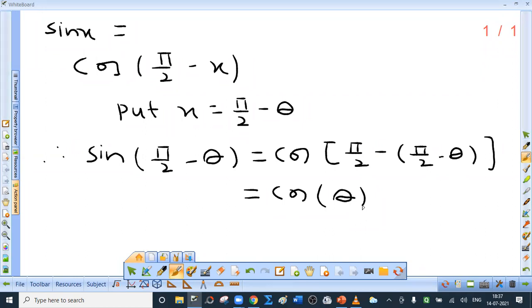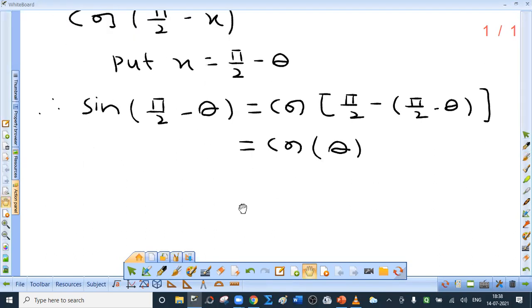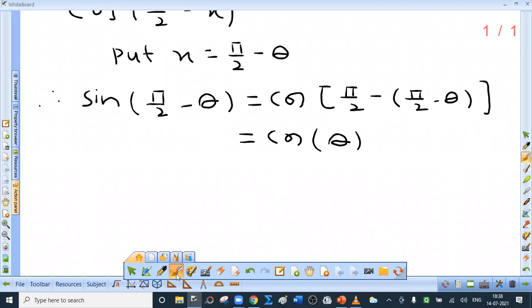Okay. Now, the next result which we are going to prove is sine of pi by 2 plus theta is nothing but cos theta. Now, how to prove that? Just listen to me. So, for this, I will say that sine of pi by 2 minus x is nothing but cos x.